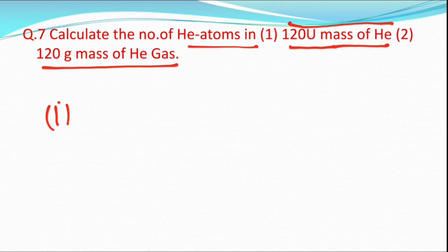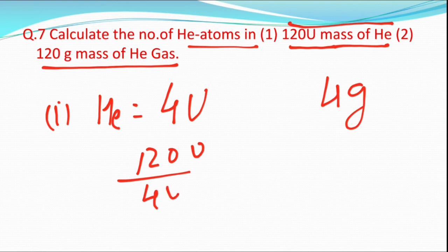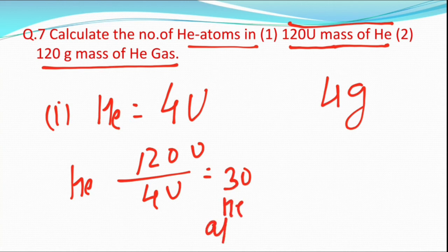We know that the mass of helium atom is 4 U in case of atomic mass and 4 gram in case of molar mass. Now in 120 U mass, the number of helium atoms will be 30 helium atoms.